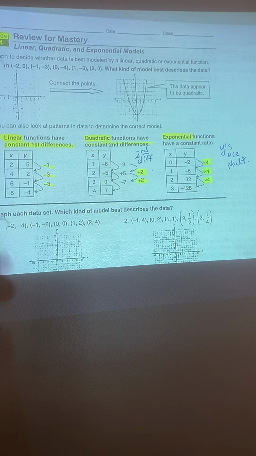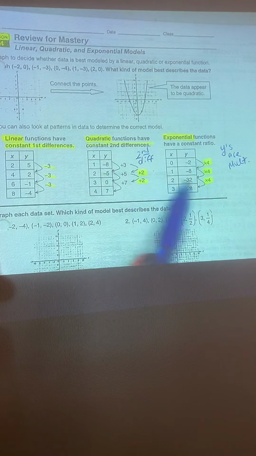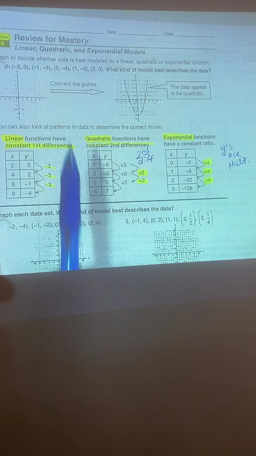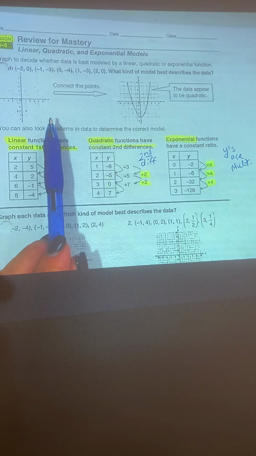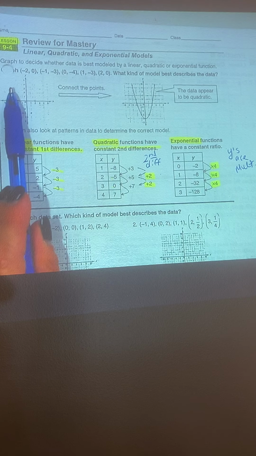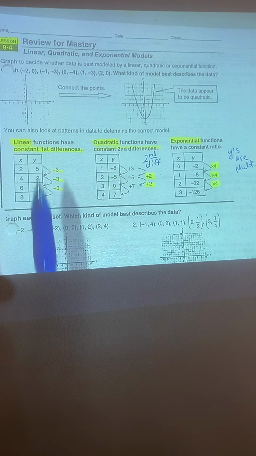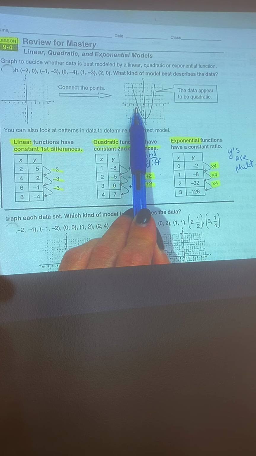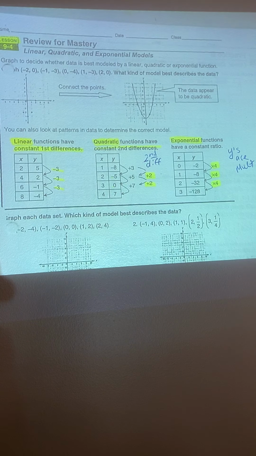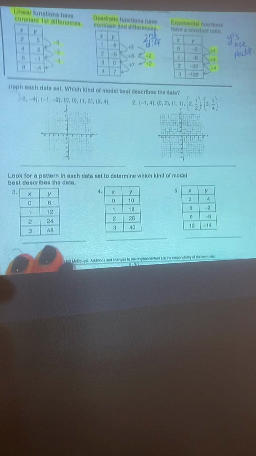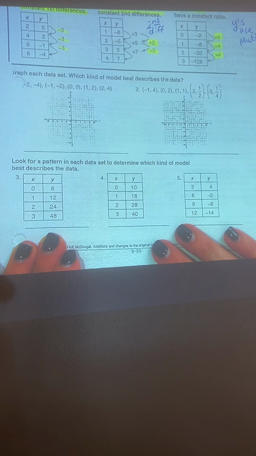If you are just given an XY table, that's how you tell between linear, quadratic, and exponential. If you're given a set of ordered pairs, you are welcome to plot them. If I were to plot these ordered pairs, you would see that it makes a parabola, and we know parabola is quadratic. Okay, so let's move right along to these 5 problems.